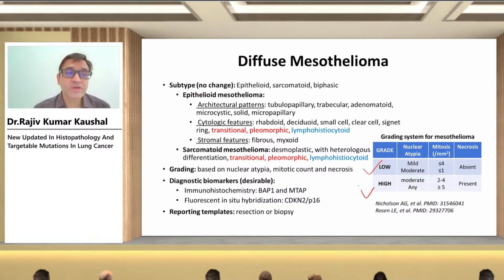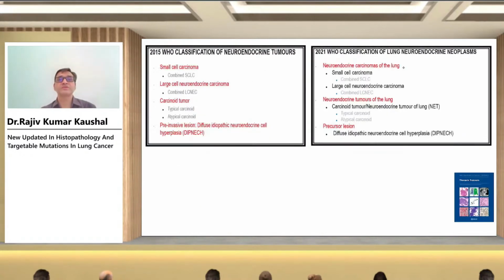Sarcomatoid mesotheliomas are clinically more aggressive as compared to epithelioid mesothelioma, and some high grade tumors like pleomorphic mesothelioma are now clubbed along with sarcomatoid mesothelioma. So as a pathologist, we have to grade the mesothelioma, and for epithelioid mesothelioma it is also recommended to mention the growth patterns.